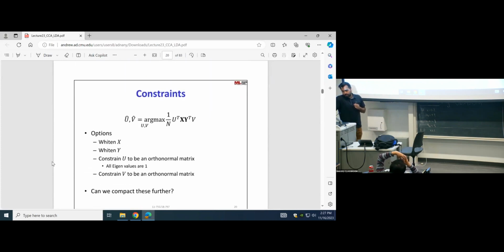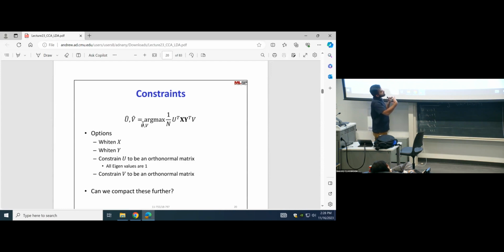And then we also have to whiten X and whiten Y. Do people remember whitening? Remember that upside down V to the -1/2? That's whitening, that part.